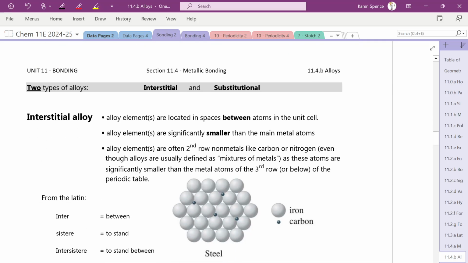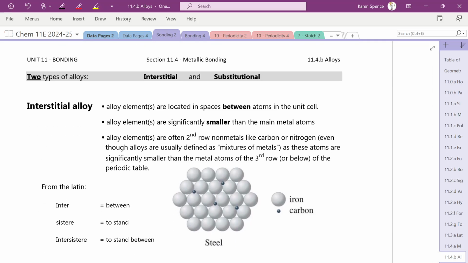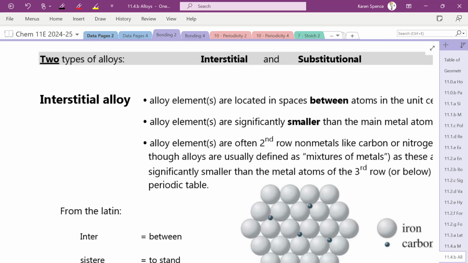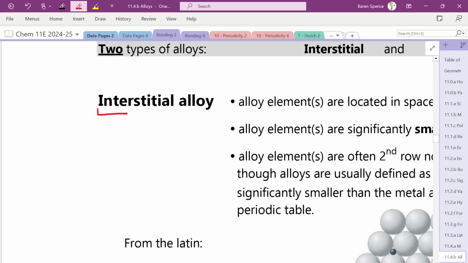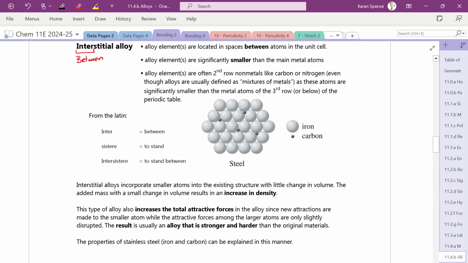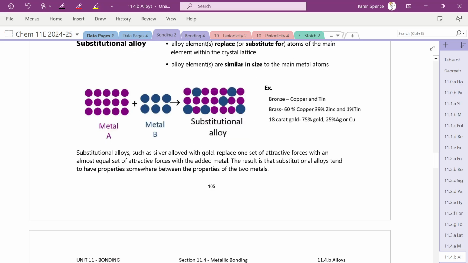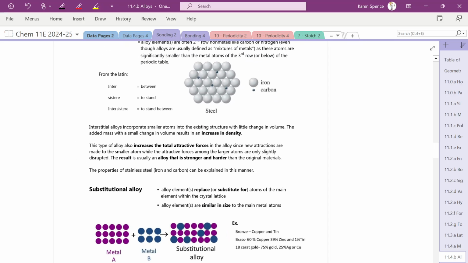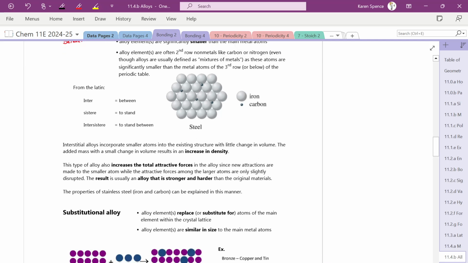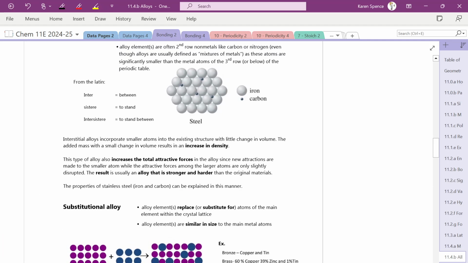Let's see what else we got here. Ooh, now we have 2 types of alloys. Interstitial. What does inter mean? Between. So if you were to look at this alloy and this alloy, and they weren't labeled, which one would you think is interstitial?